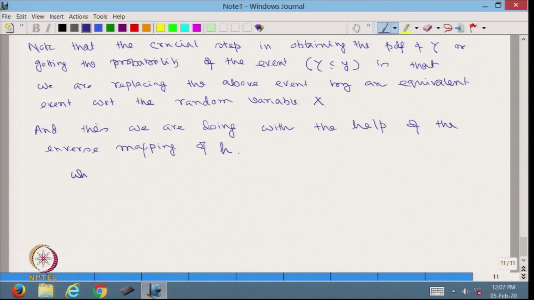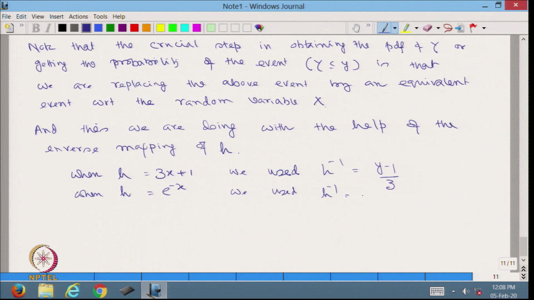So, when h is equal to 3x plus 1, we used h inverse equal to (y minus 1) upon 3. When h is equal to e to the power minus x, we used h inverse equal to minus log of y.